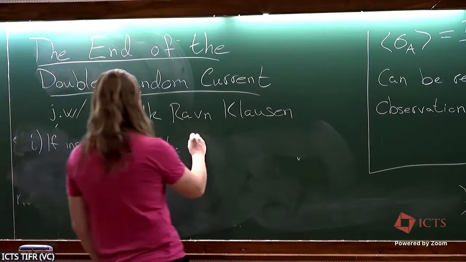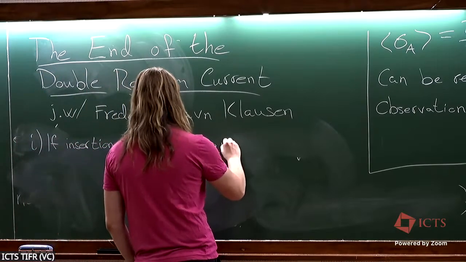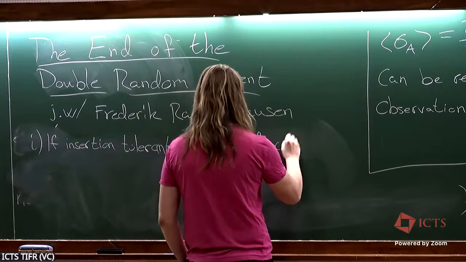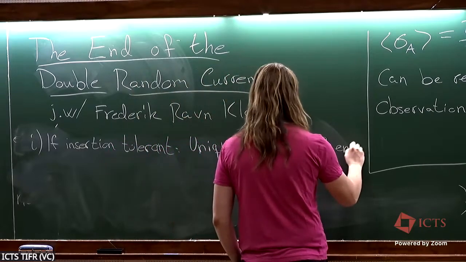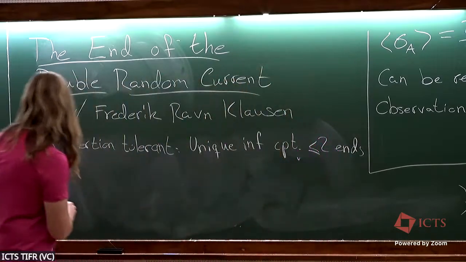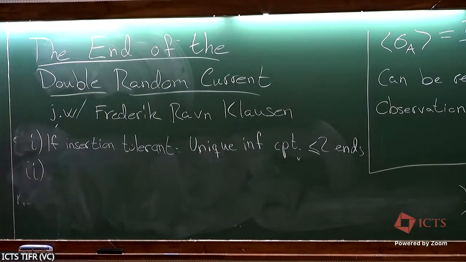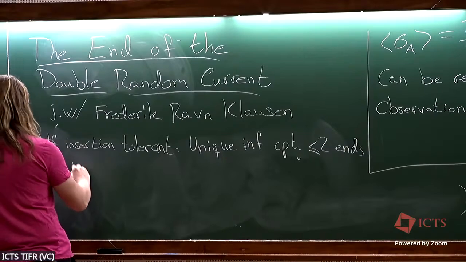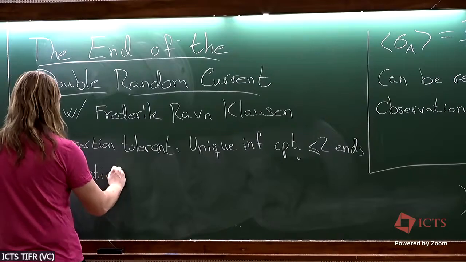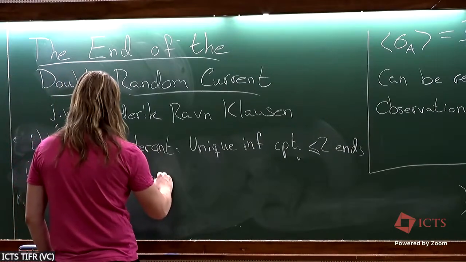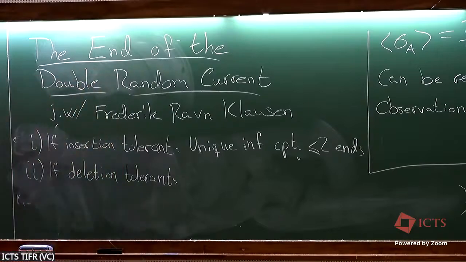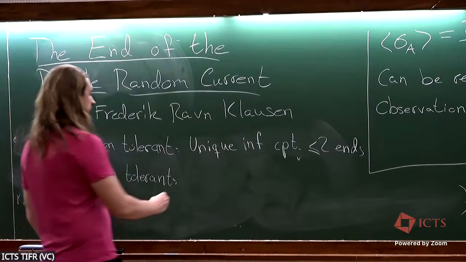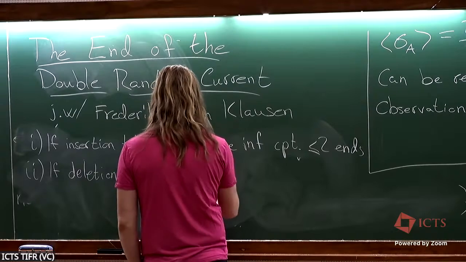So there's a unique infinite component with at most 2 ends. For percolation, you would never really think about this, but it's the other side of the picture. If you're deletion tolerant, meaning, right, conditional on everything outside of a box, I'm free to delete all of the edges inside with positive probability, that's all you need. Then you conclude 1 end.